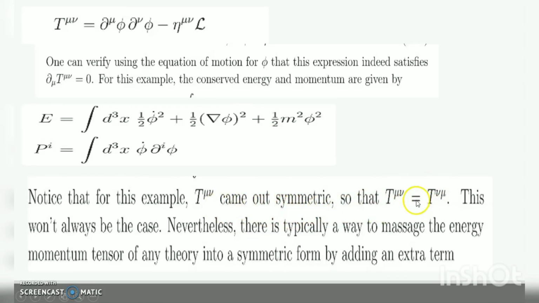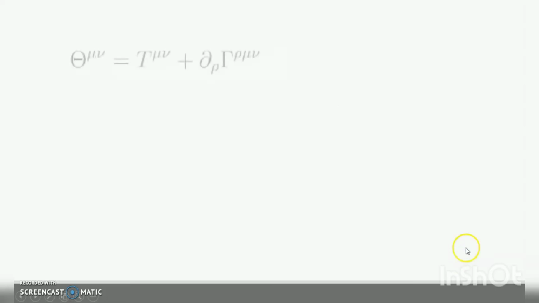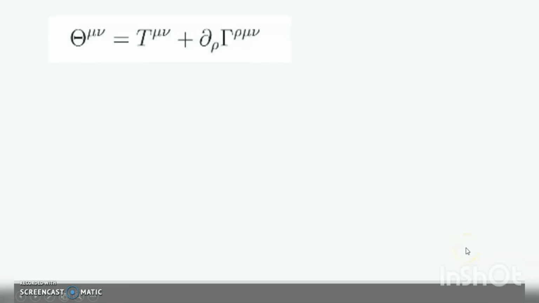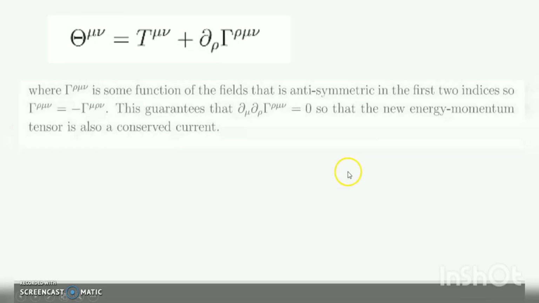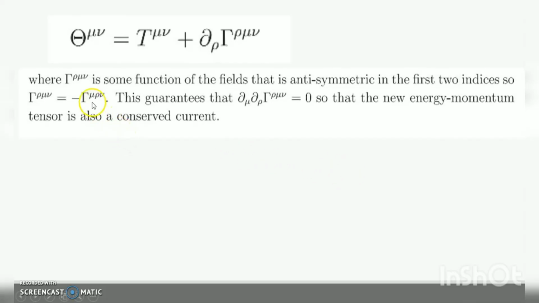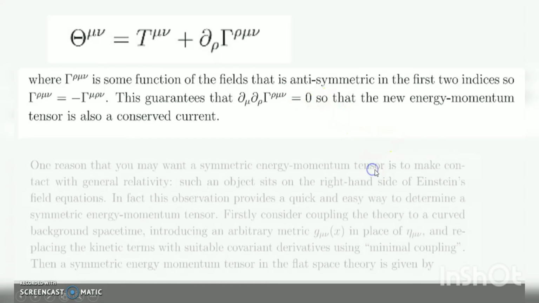To make the energy momentum tensor symmetric we add an extra term, Theta^mu nu equal to T^mu nu plus del_rho Gamma^rho mu nu. Since Gamma^rho mu nu is antisymmetric in its first two indices, the extra term's divergence is 0.